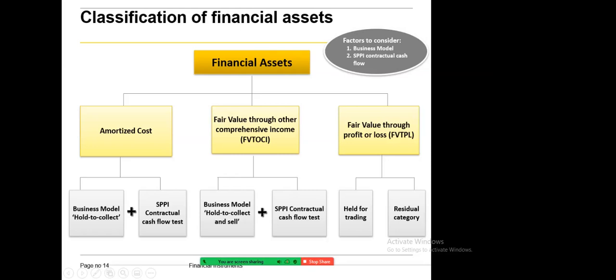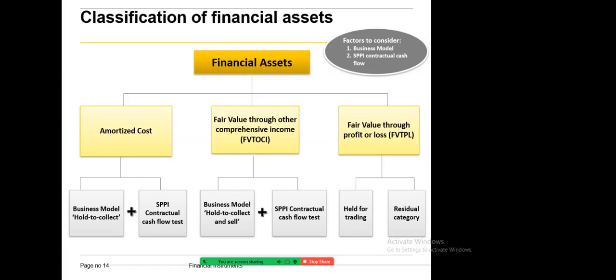For amortized cost, there are two criteria. Business model test, that means the company has the objective to hold that asset and to collect the maturity amount. And the maturity amount that we are getting will be solely payment of principal and interest. So if these two criteria are fulfilled, then yes, it will be considered under your amortized cost.